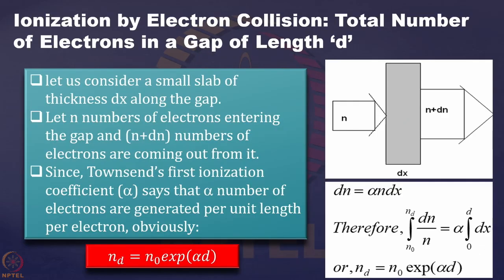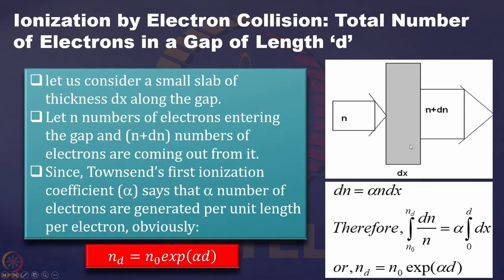Now what we are going to do is find the total number of electrons that are produced in a gap of length d. Let us assume that some n number of electrons are impinging from the left side over an elementary length of dx. So this dx is actually the medium which we are going to ionize.